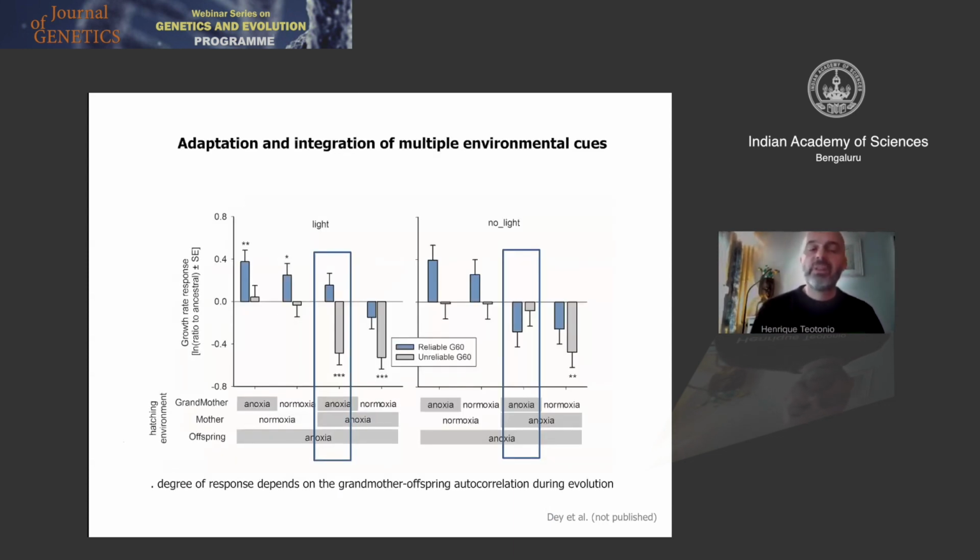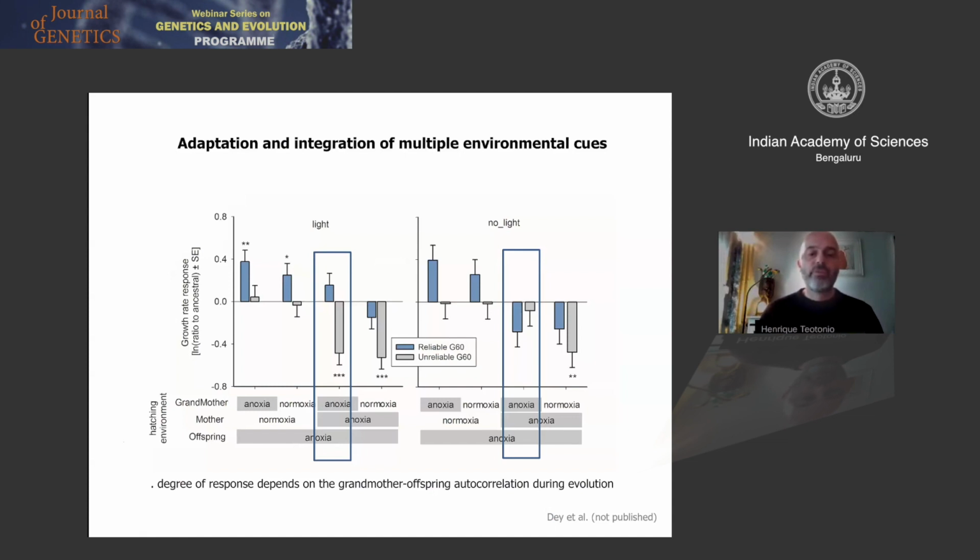And the preliminary data indeed indicates that there is adaptation by the integration of multiple environmental cues. In particular, in the presence of light, when we compare the worms grown in anoxia, so the offspring grown in anoxia, with light given to the mothers or no light, we find that reliable populations, here shown in these blues and these rectangles, seem to have evolved a positive fitness response, but not when they are not given light, while the unreliable, so the ones that have absolutely no information about the future environments given by the light, have actually gone down in fitness, but that this depends on whether the grandmothers or the mothers were exposed to anoxia.